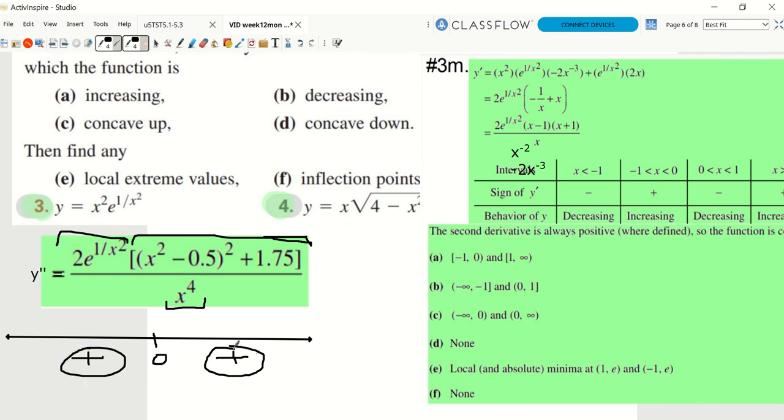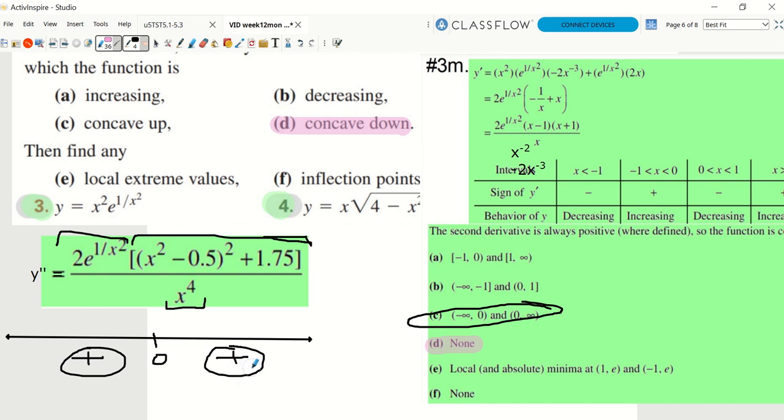So it's always going to be concave up except at 0, because 0 is going to be undefined. It's never going to be concave down because you never get negatives here. That's why D. Earlier C was concave up except at 0, and now concave down it is never, because it's never negative.